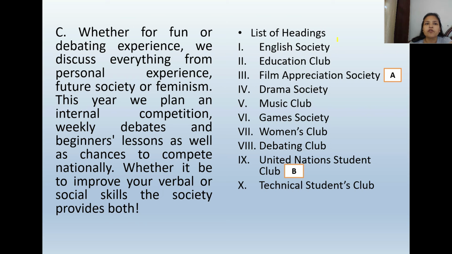So, is it talking about English society? No. Education club? No. This paragraph is talking about debating experience, and here it is also mentioned internal competition, weekly debates. So this paragraph is talking about the debating club, not English society, not education club. Okay, debating club.